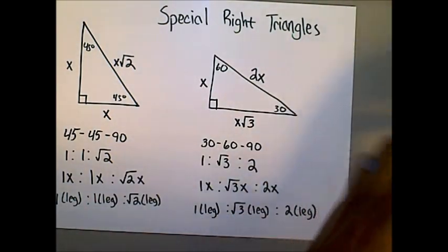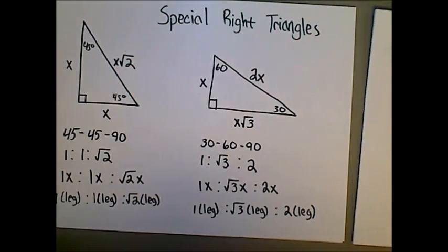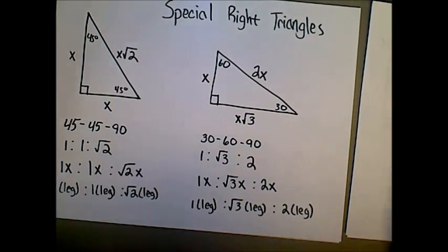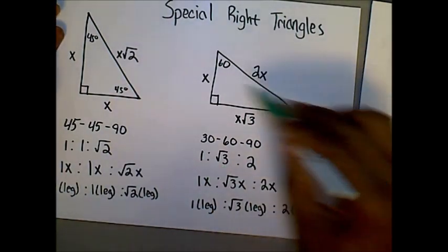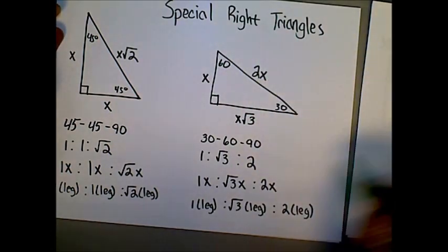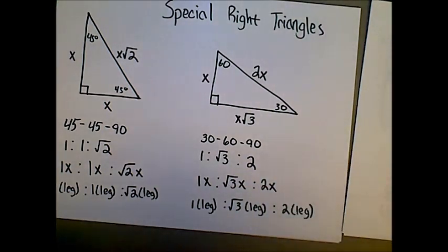Real quickly, a 30-60-90 triangle falls under the same category. It has the same type of relationship: a 1 to square root of 3 to 2 ratio, opposite the 30, opposite the 60, and opposite the 90. So it's 1, square root of 3, 2, all dependent on what x is.